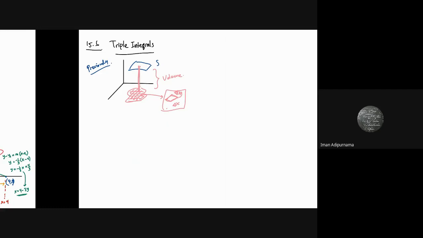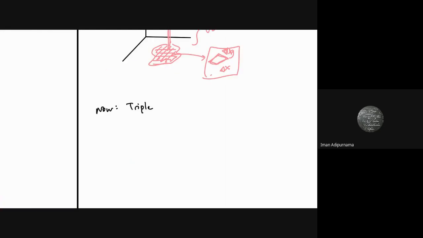Now, if we are looking at the triple, what does it mean?